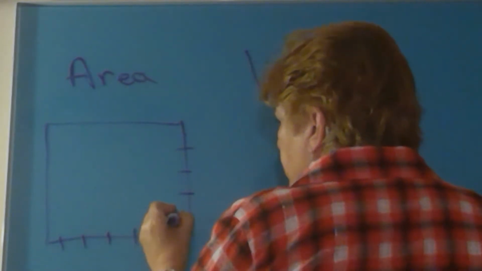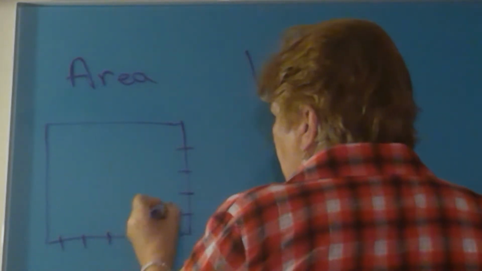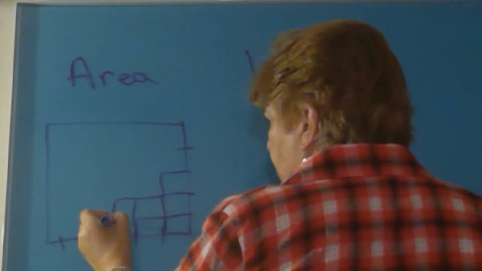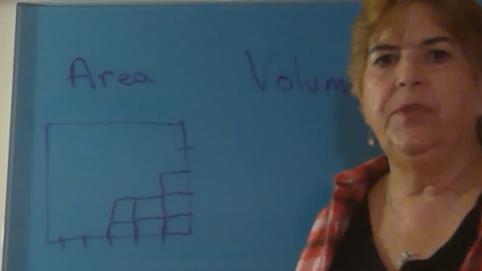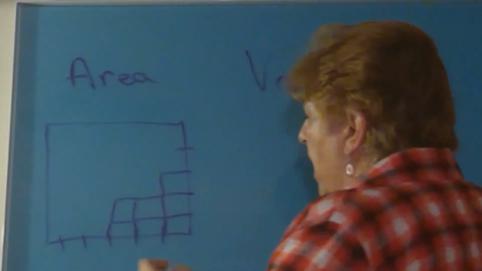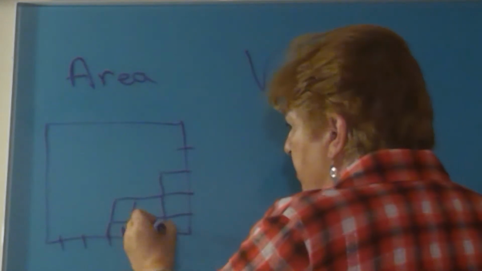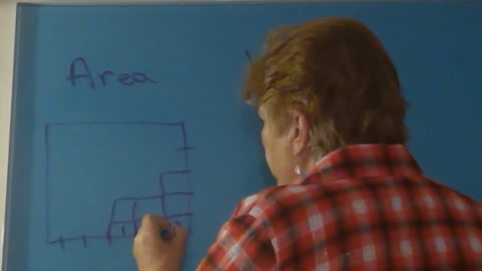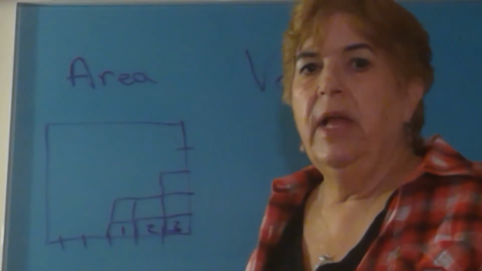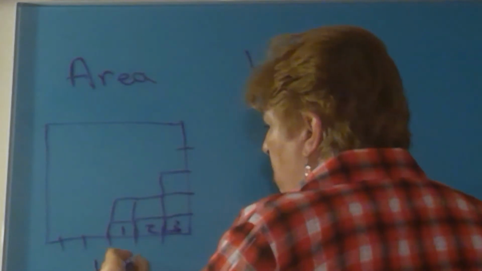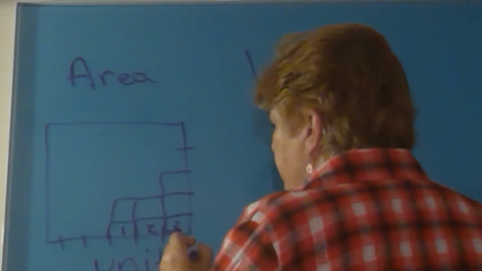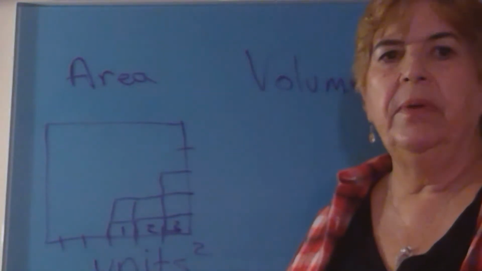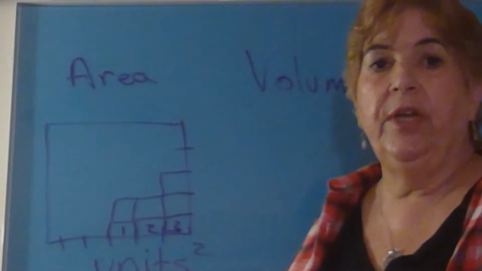And then what you're actually looking at is how many squares will it take to fill up this rectangle. And this is 1 square unit, 2 square units, and so on. And that's how we measure area. And that's why area is always in units squared, because we're looking at how many squares will fill up whatever area we have.